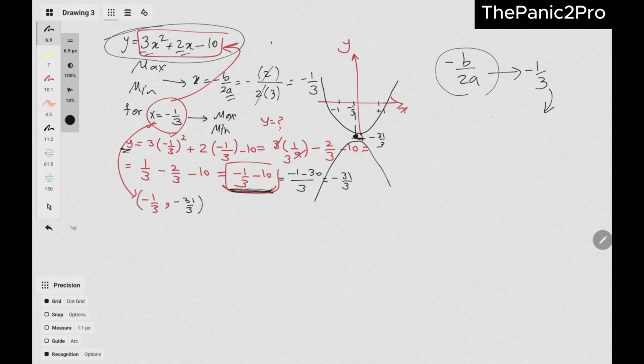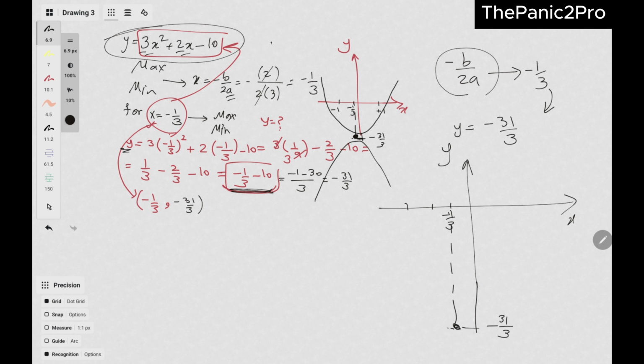And then I plugged that in and I got y as minus 31 over 3, right? And I'm going to plot that again in an xy coordinate a little bit better. Let's say this is minus 1 over 3, and let's just pretend this is minus 31 over 3. Let's just pretend this is our vertex point, this one.